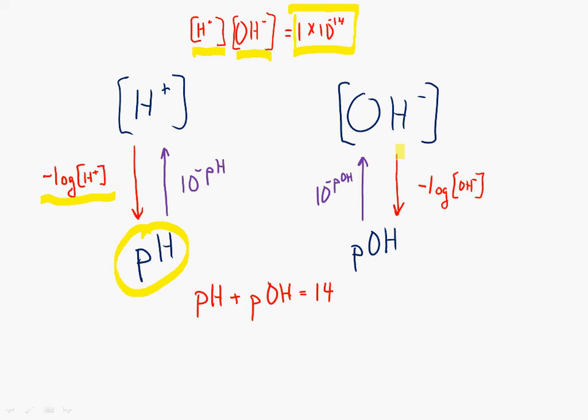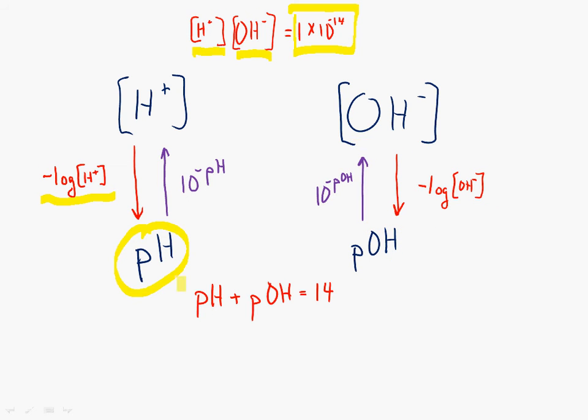Or if you had hydroxide ion concentration and what you needed to calculate was pOH, where pOH is simply a measurement of how concentrated the hydroxide ions are in the solution, you can calculate that using the negative log of the hydroxide ion concentration.